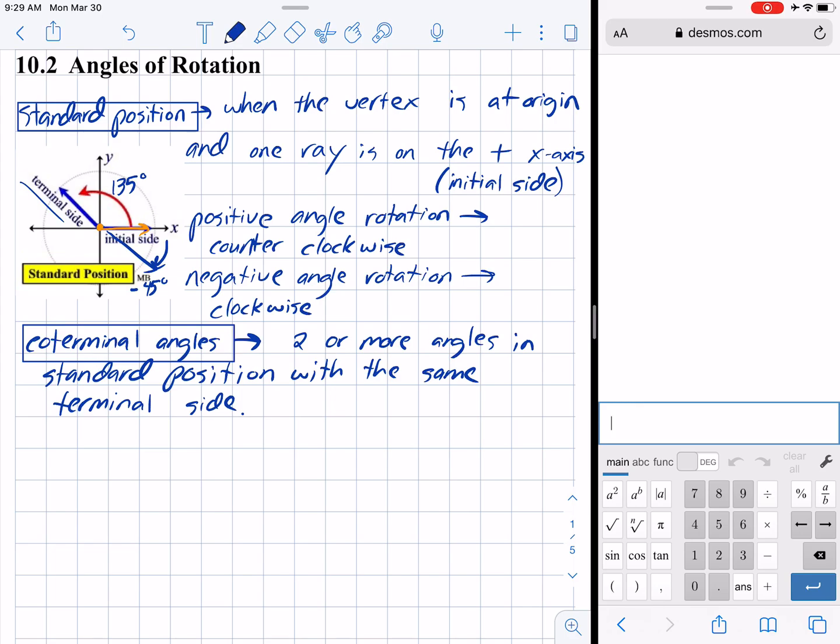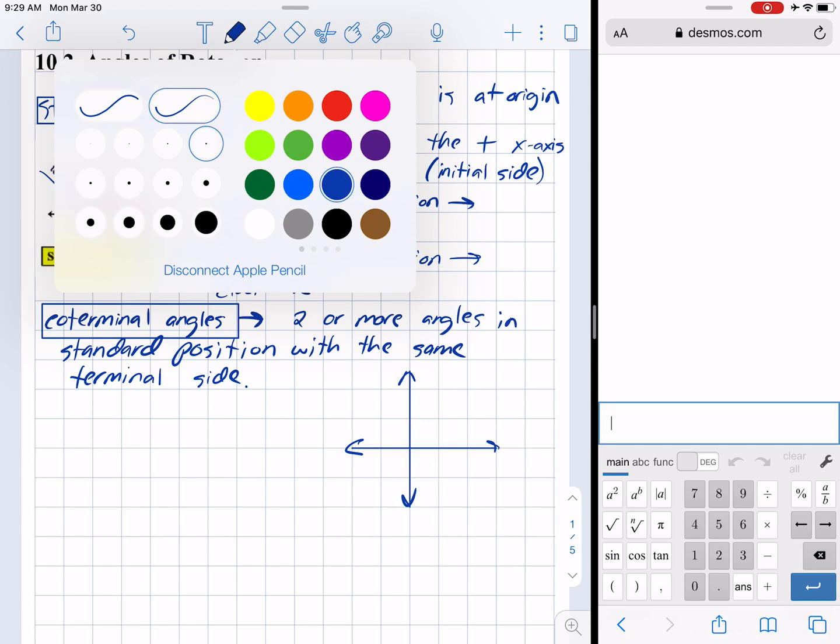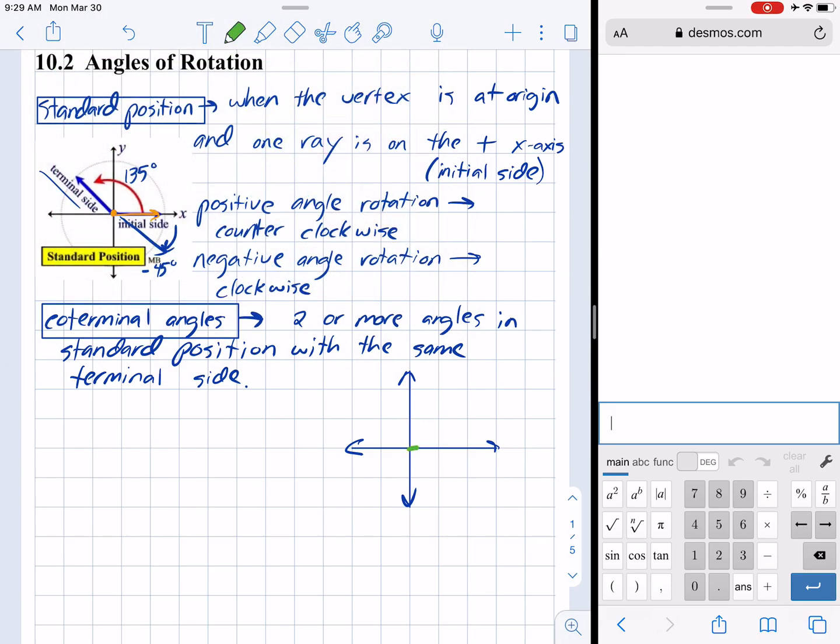Okay, so I'll draw an example down here of coterminal angles, and then I'll put an image up for you guys as well, so you have that in your notes. And then we'll have you practice some, okay? So remember, the initial side always starts on the x-axis. So here's my initial side.